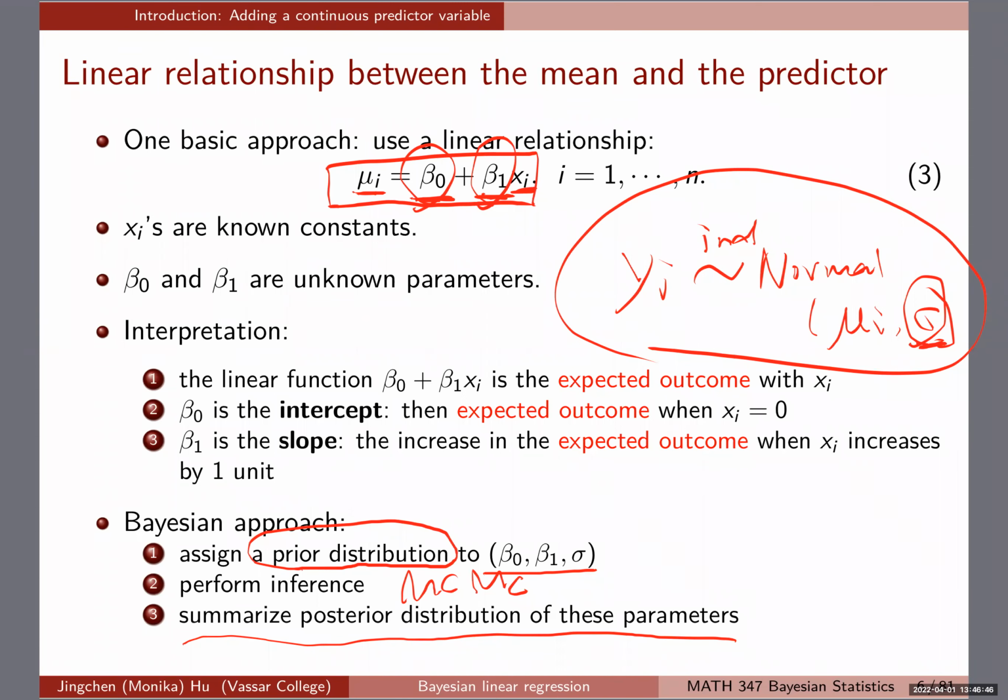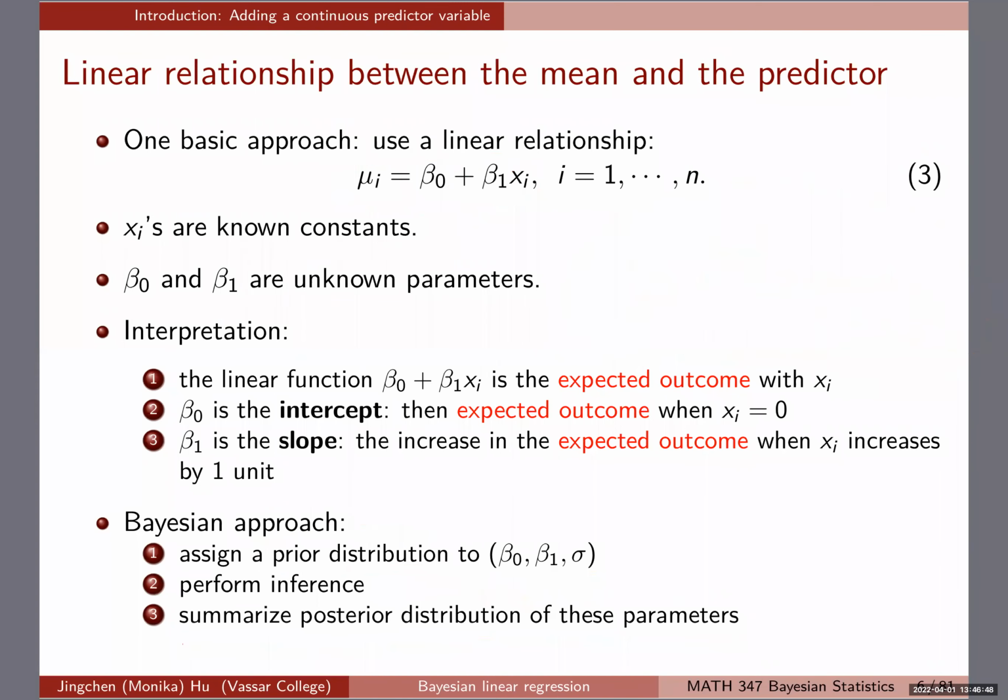So for example, a lot of the focus for linear regression, simple linear regression, is by looking at beta 1. Because beta 1 is the slope, tells us how xi can affect, right, the outcome in the expected format. So depending on what kind of posterior distribution you're going to get for your beta 1, as you know, for frequentist method, people like to do hypothesis testing, right, to figure out whether xi is a statistically significant predictor and all that.